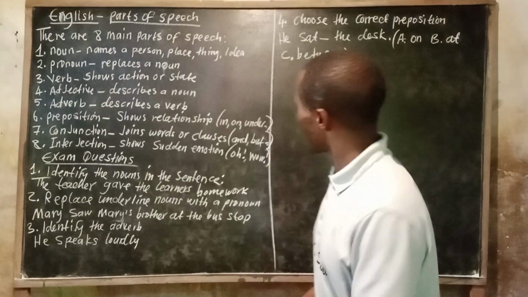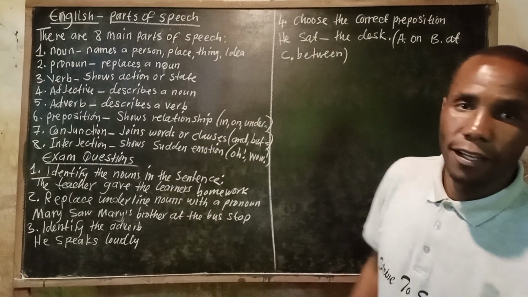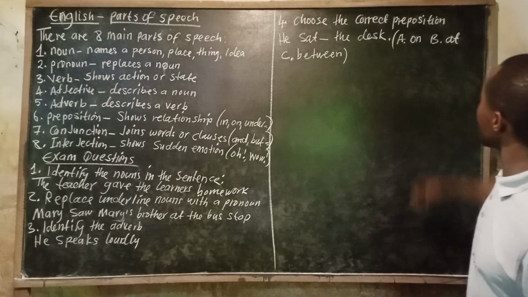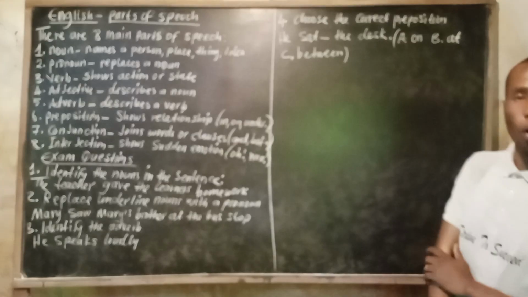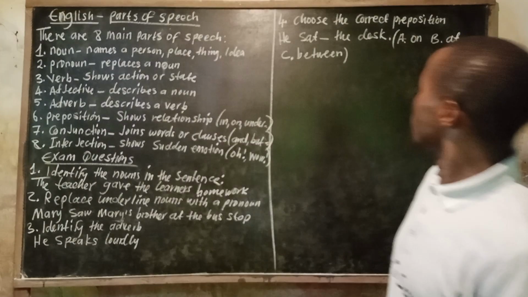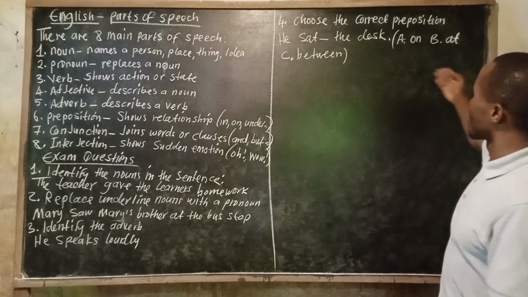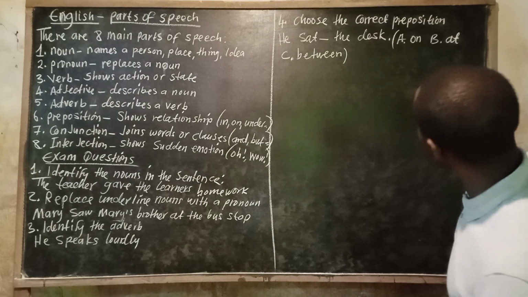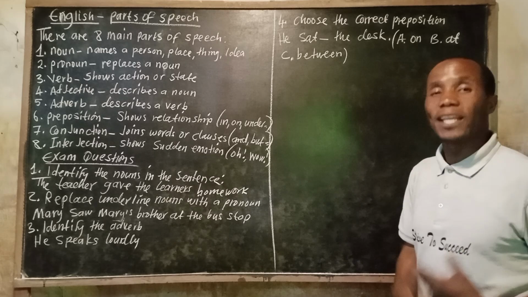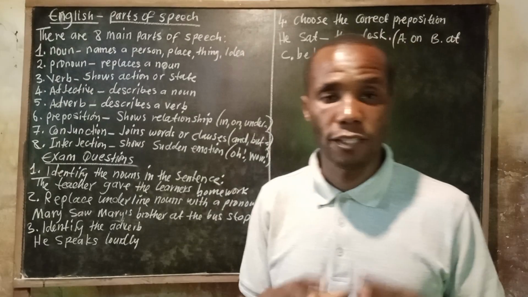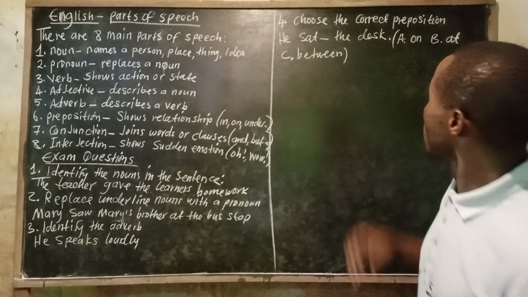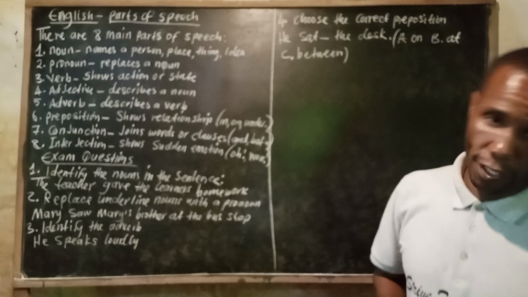Can you choose the correct answer? Yes, the correct answer is on. He sat on the desk. You can't say he sat at the desk or he sat between the desk. That's the correct preposition.